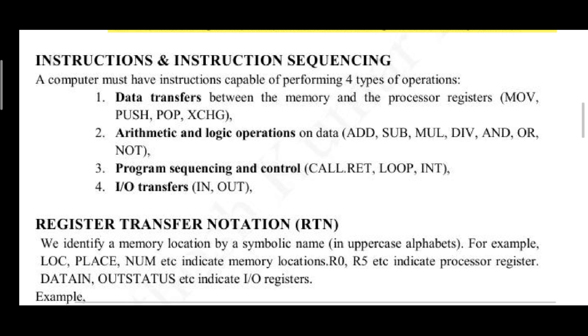As well as we have data in and data out, or in or out instructions, for input and output transfers. These are all the four basic sets of instructions available, or in other words you can say an instruction is capable of performing four basic types of tasks. Those categories are listed here along with examples.